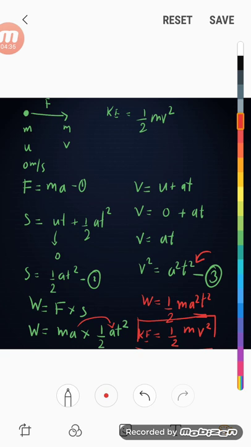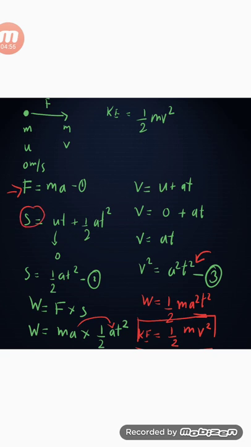So what I suggest is to remember this thing. First remember F equals ma. Then remember devi ma. D is displacement, v is velocity.